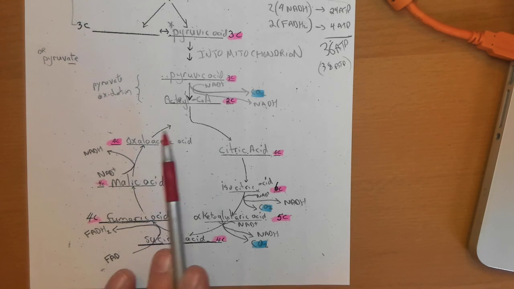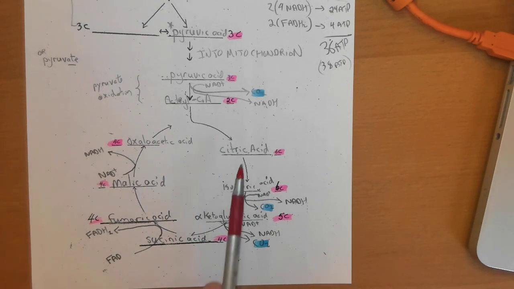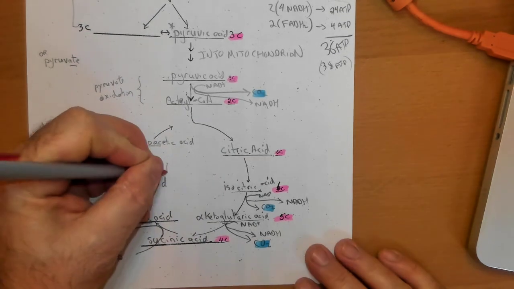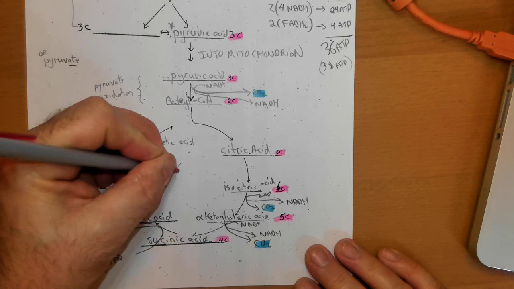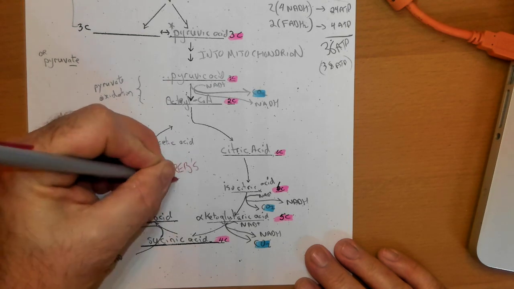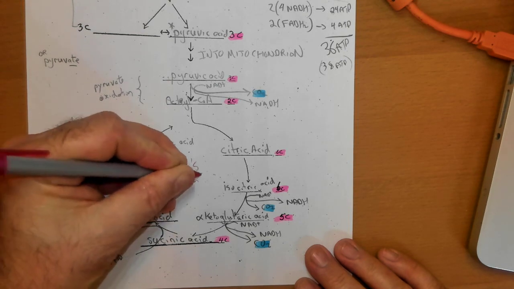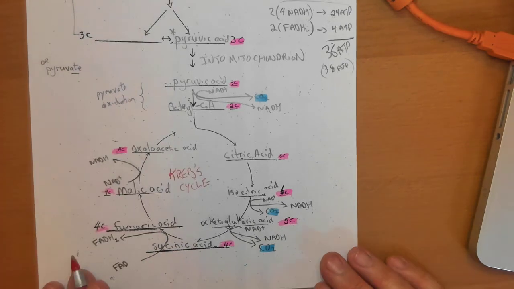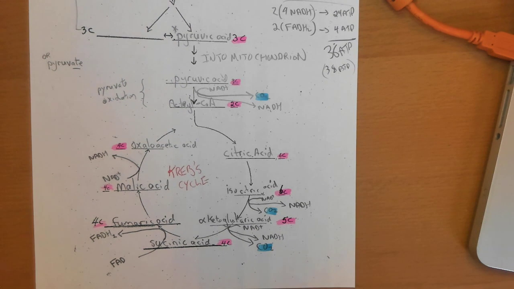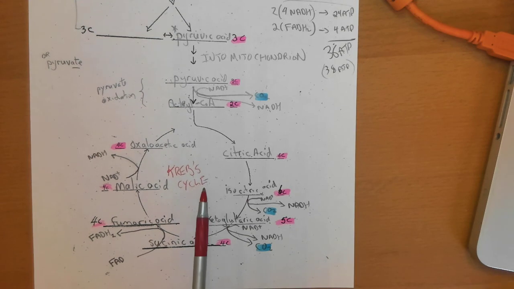Oxaloacetic acid, 4 carbons, plus 2 makes 6 carbons. This is called the Krebs cycle. And it is, in my opinion, the metabolic hub of the cell. This reaction takes place in the heart of every mitochondria in a place called the matrix.